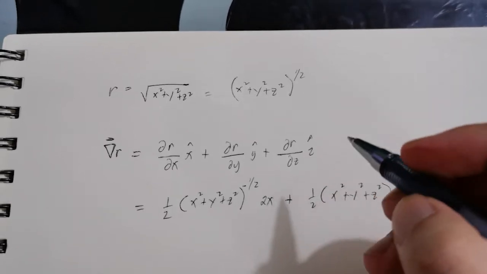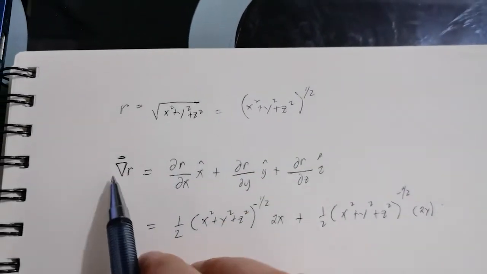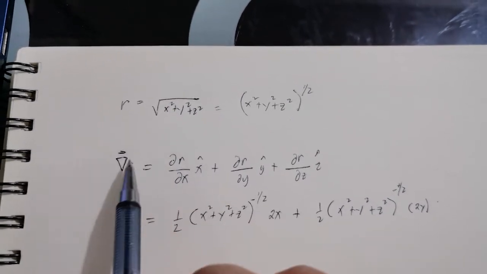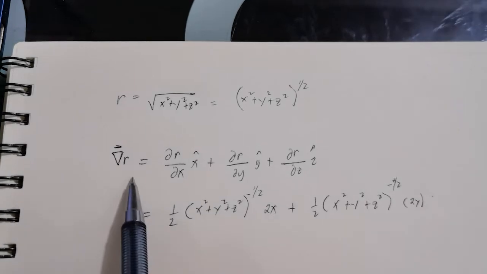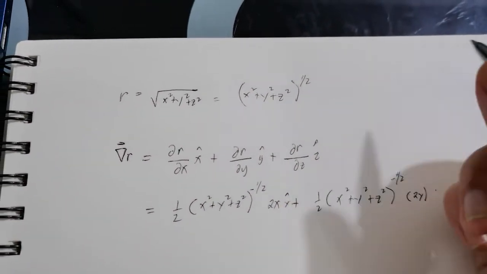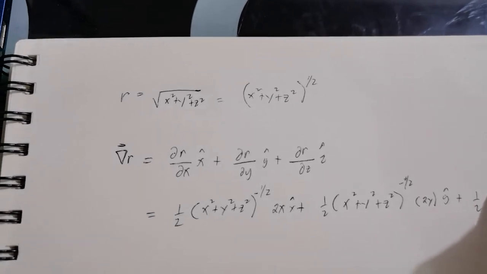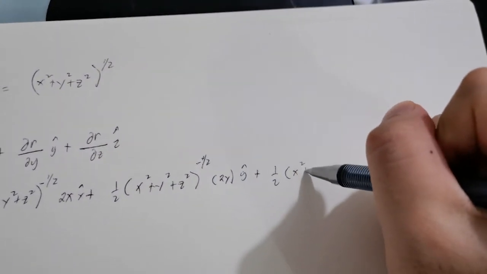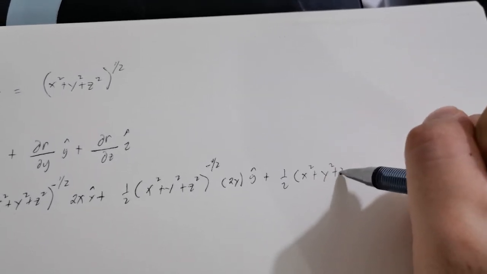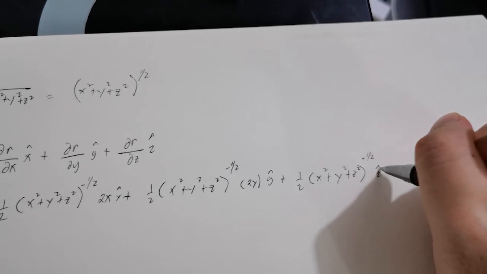Oh, I forgot, there should be unit vectors, since taking the gradient of a magnitude results in a vector entity. So we have x hat, then y hat plus 1/2 (x squared plus y squared plus z squared) to the negative 1/2, then this is z hat.